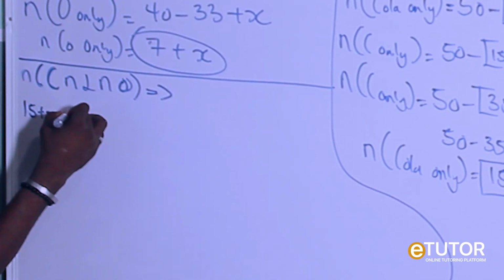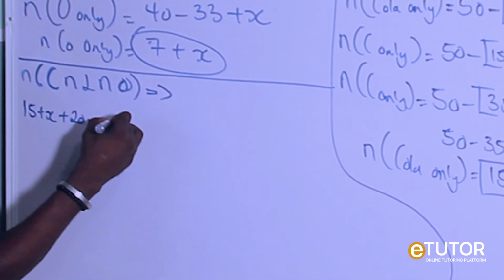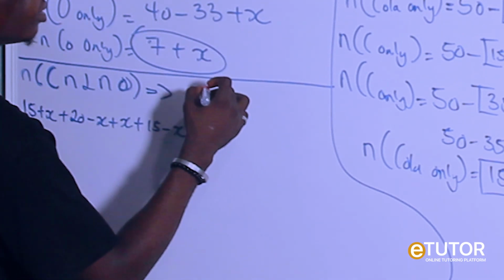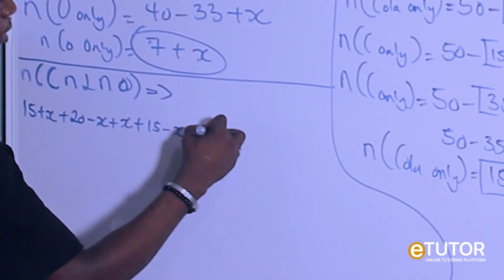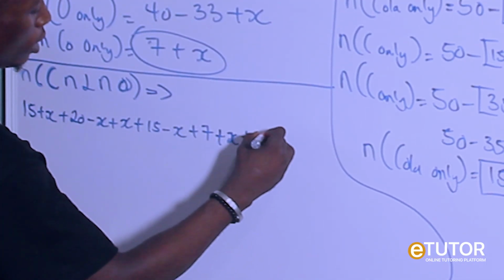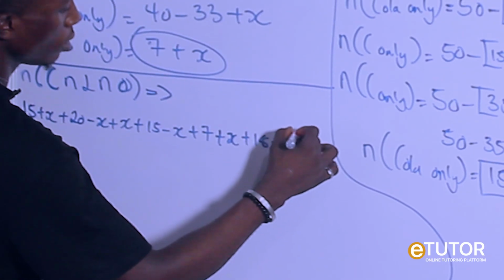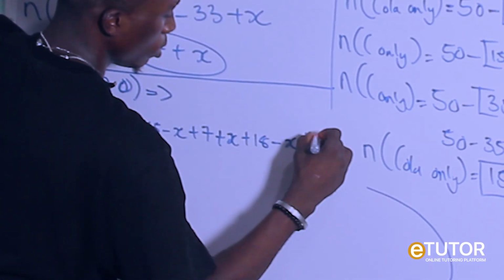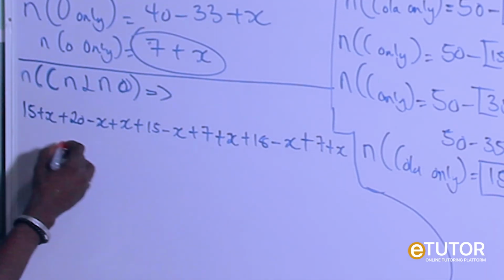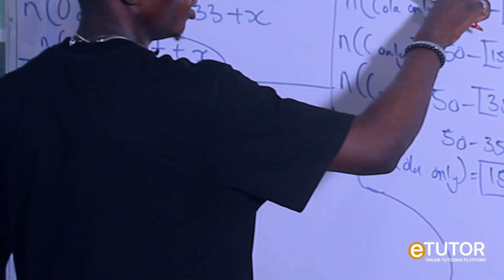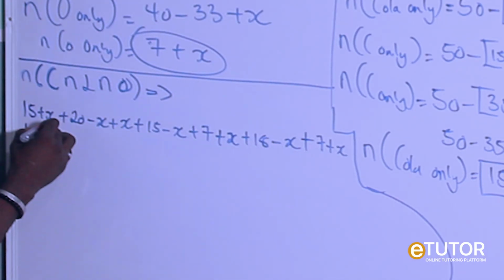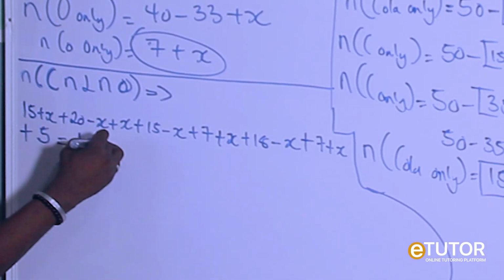15 plus x plus 20 minus x plus 15 minus x plus 7 plus x plus 18 minus x plus 7 plus x plus, remember, don't leave this out, plus 5, people that did not like any of the drinks at all. So plus 5 is equal to 100.